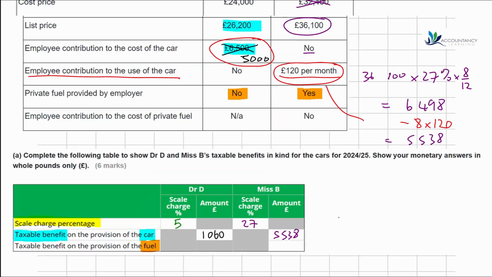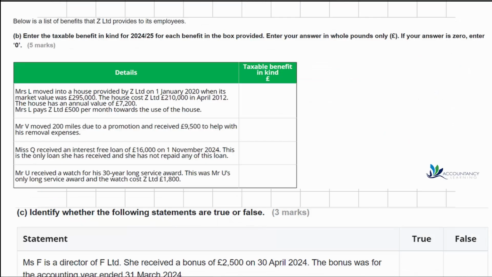So we take that 27,800, we multiply by the same 27% scale charge that we had for the car. And remember, we've only had the car for 8 months. And that gives us a taxable benefit of £5,004.